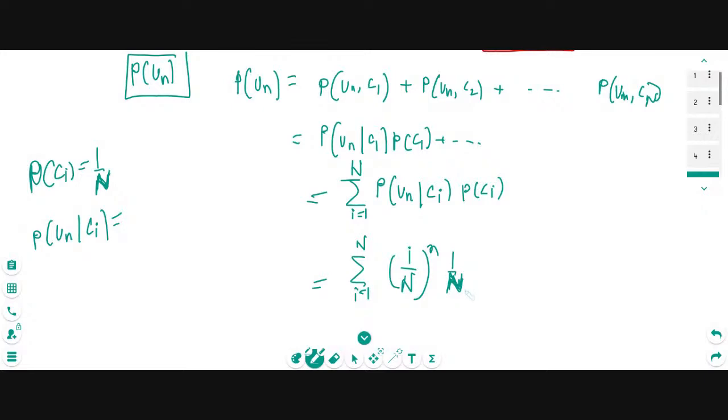Am I doing it right? I hope so. Yes. So we have this condition, and this is what the probability of U_n is.